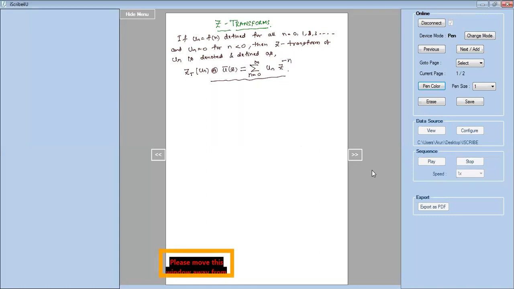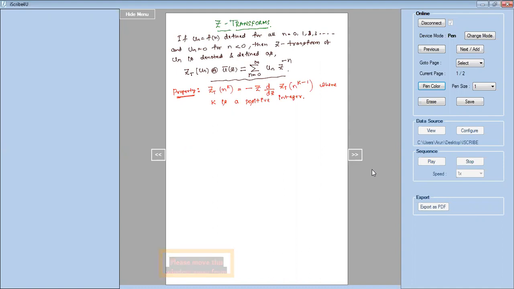Property: Z transform of n power k is equal to minus z into d by dz of Z transform of n power k minus 1, where k is a positive integer.